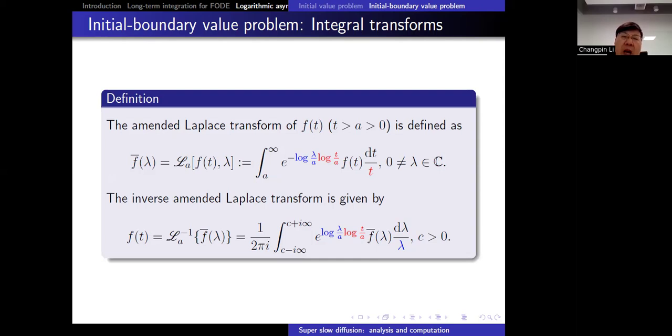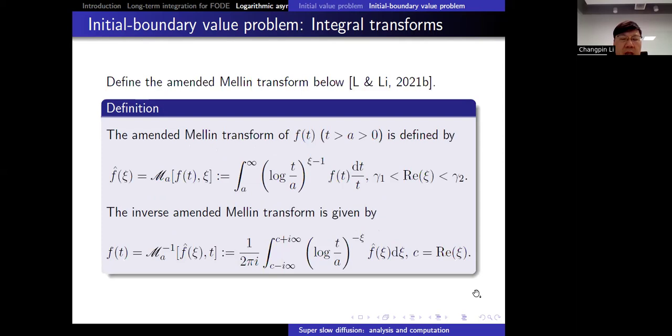We can give another kind of integral transform, the amended Mellin transform, like this, and the inverse amended Mellin transform. Why is the Mellin transform necessary?